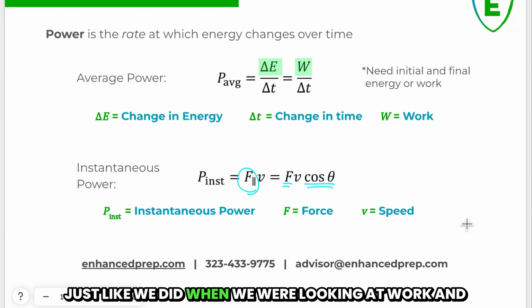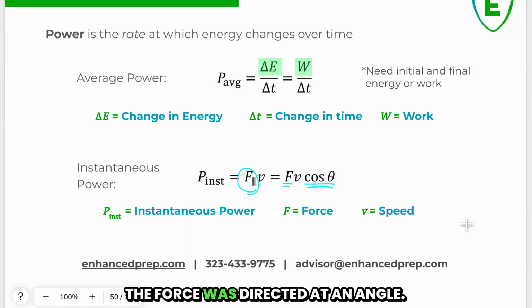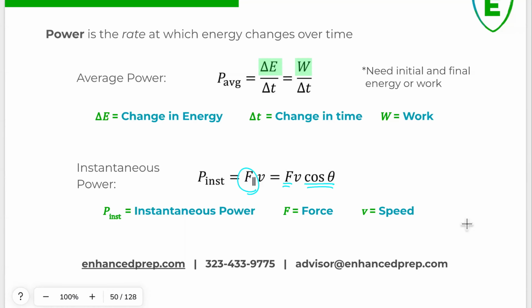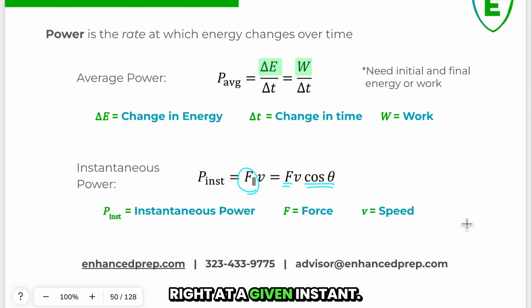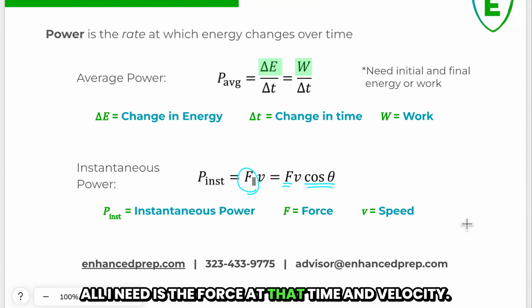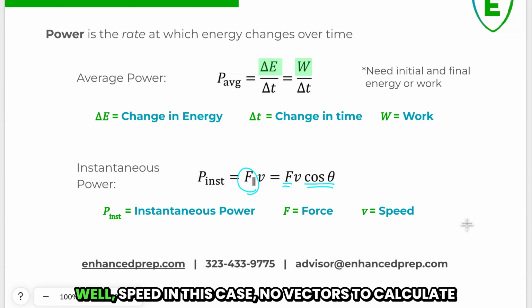It's just like we did when we were looking at work and the force was directed at an angle. Average is over a particular time. Instantaneous is right at a given instant. All I need is the force at that time and the velocity. Well, speed in this case, no vectors to calculate that.